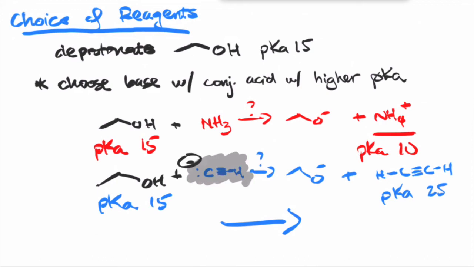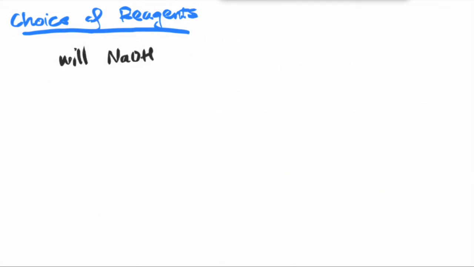Forgot that negative charge is there for the alkylamide ion. Speaking of that negative charge, remember, from a practical perspective, you can't just have ions in there. You will need a counter ion. Sometimes you will see this with its sodium counter ion. All right, let's do another example of this effect. Will NaOH be strong enough to deprotonate this ketone?